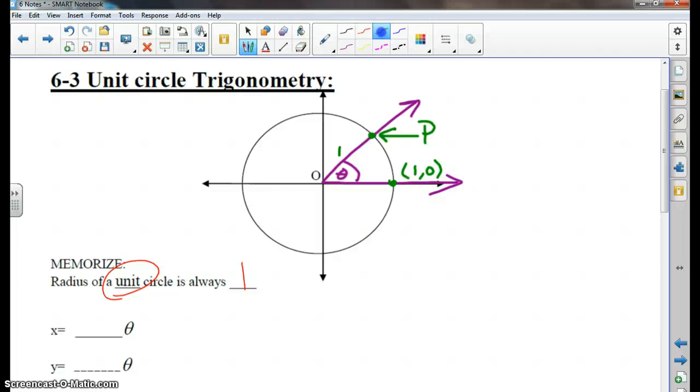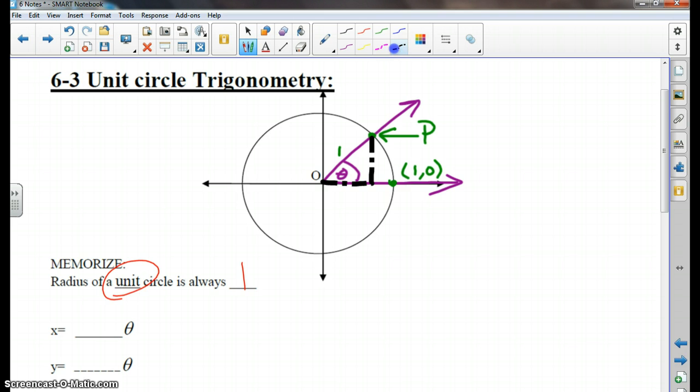The next thing that I'm going to do is draw in a set of paths. Now keep in mind that this is a circle, so the radius of the circle really exists. It has length, it has distance, and it's 1 everywhere. But the paths that I'm going to draw are the paths that I would take if I wanted to get to that point P on the unit circle that also happens to lie on the coordinate plane.